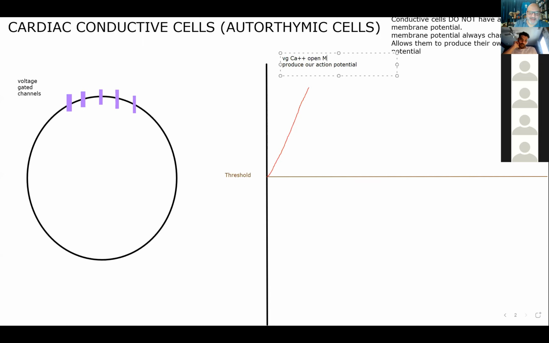And we get a massive influx of calcium. Every other action potential we have ever talked about in this class has used sodium. But here, these are voltage gated calcium channels. Oh, I guess that needs to be purple.